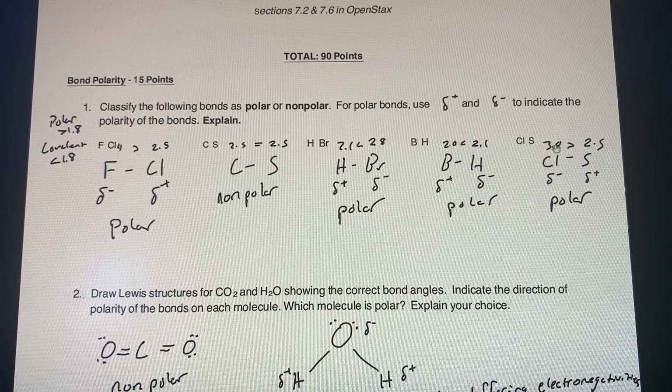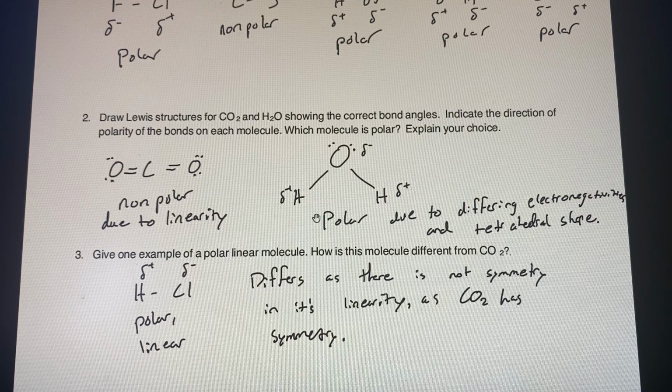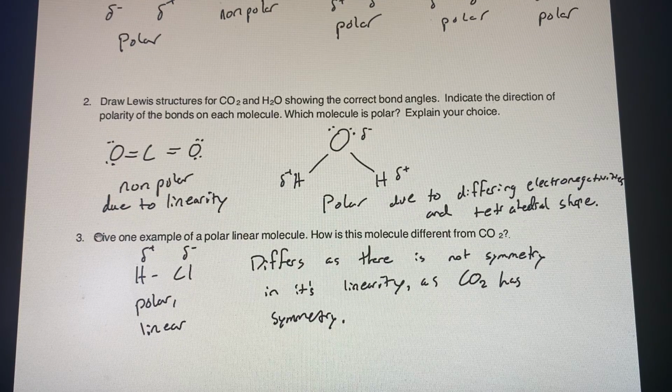Then we have chlorine and sulfur, where the electronegativity of 3 for the chlorine compared to the 2.5 of sulfur, therefore it is polar, and the negative side is the chlorine.